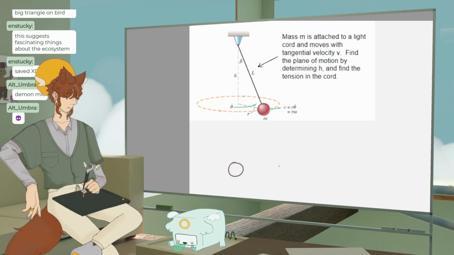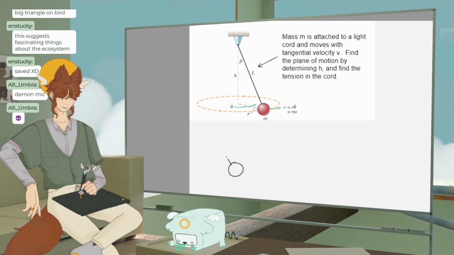Axes are going to be very important. I'm kind of feeling like we do it this way, where this is H, and we're looking at it from here. The V is going to be into the page. I don't think we want to do it the other way. Our tension would look like this.